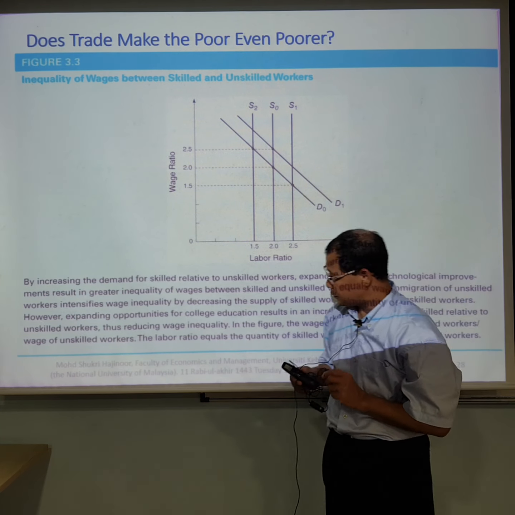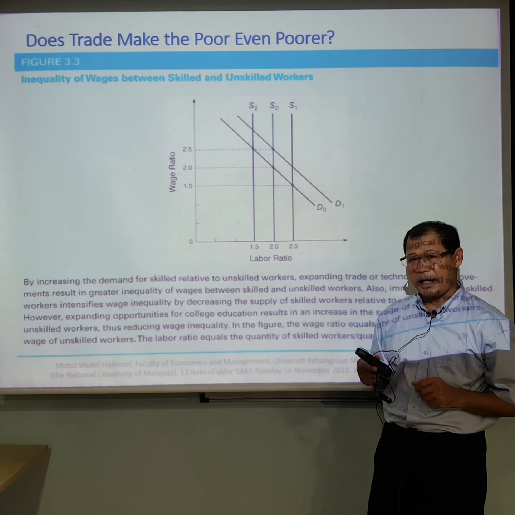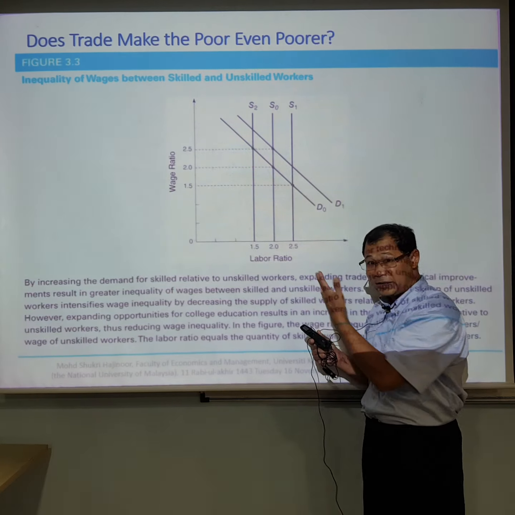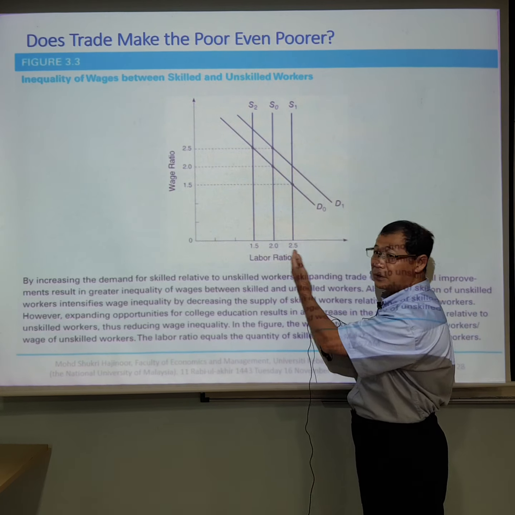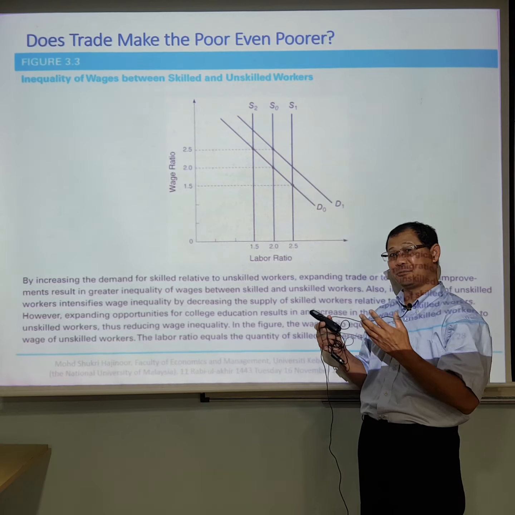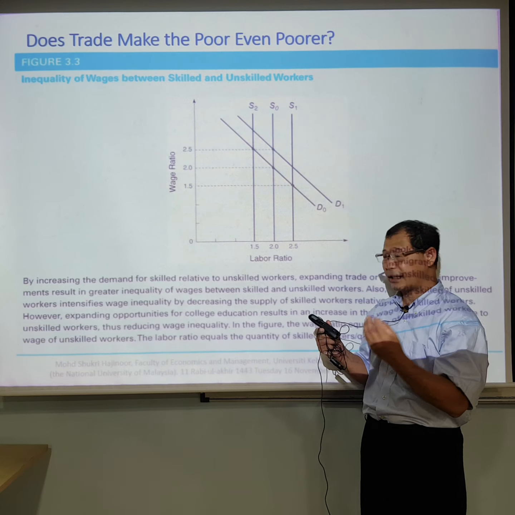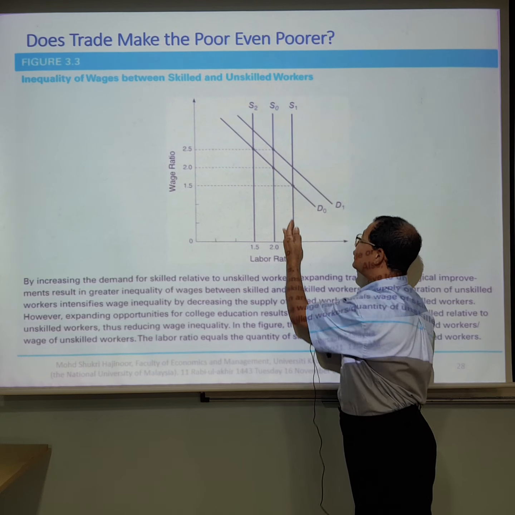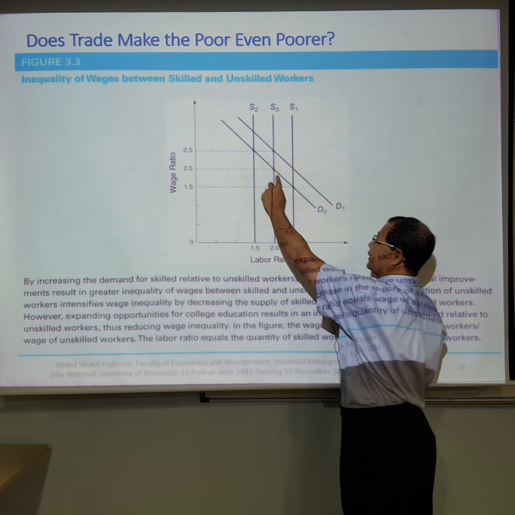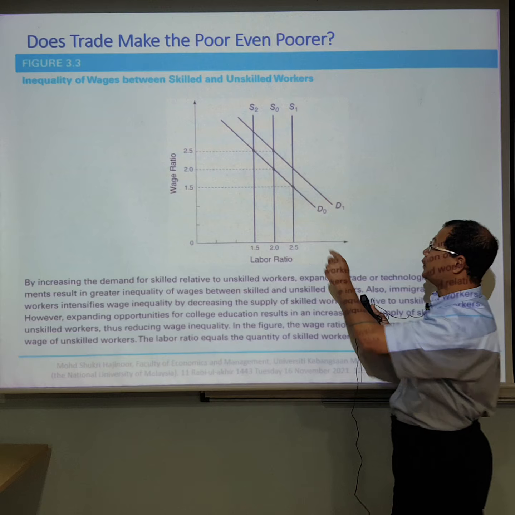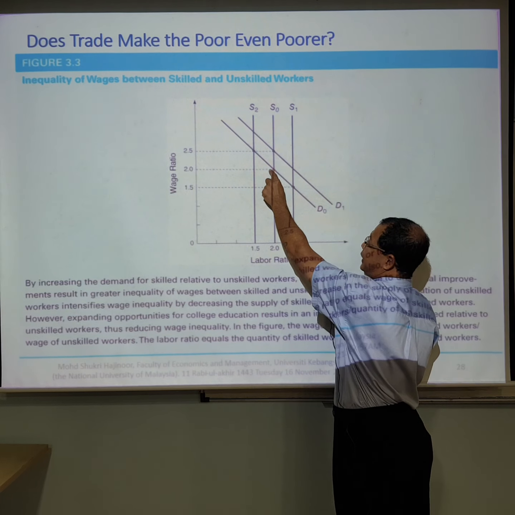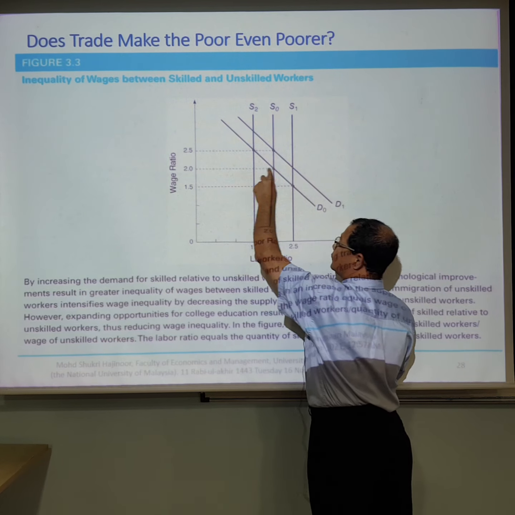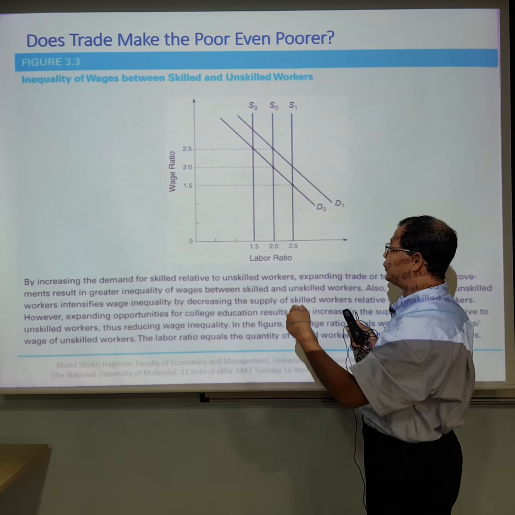Number 2. On the other hand, education and training. When there's more education and training, there's going to be more supply of skilled workers, so the supply curve shifts to the right. Assume again this is the demand curve, and we started at a wage ratio of 2.0.